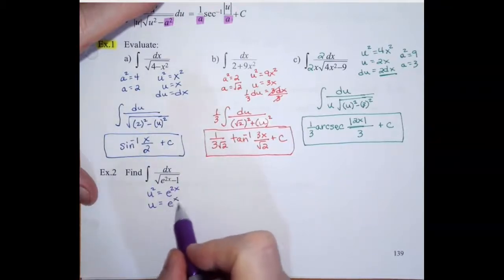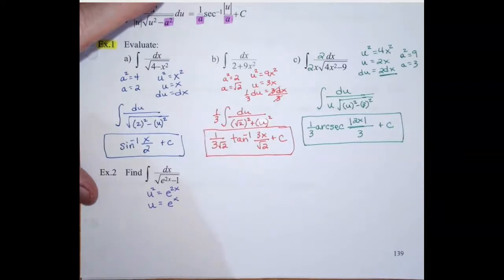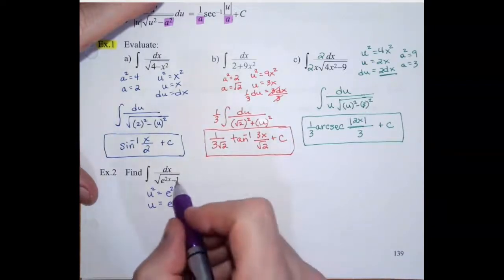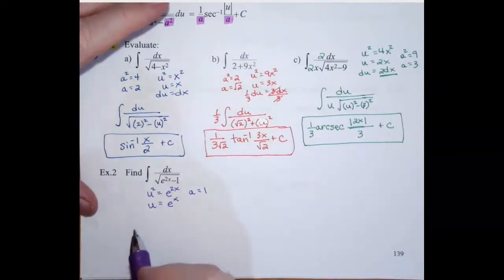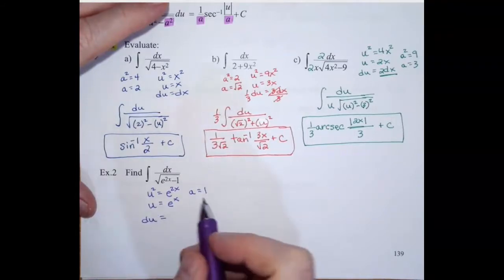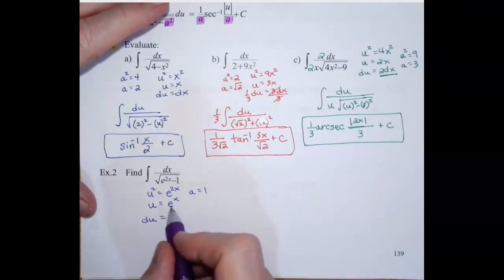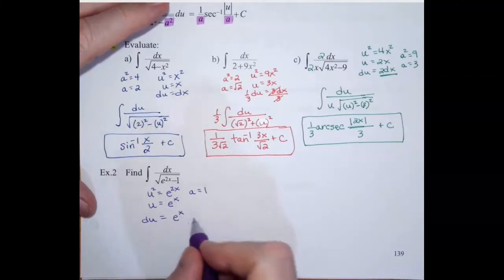Right, if we square this, we get that. So if we square root it, we get that. And here, a equals 1, so that's going to simplify some things a little bit. Now, if we do du here, du equals the derivative of e to the x, which is e to the x dx.